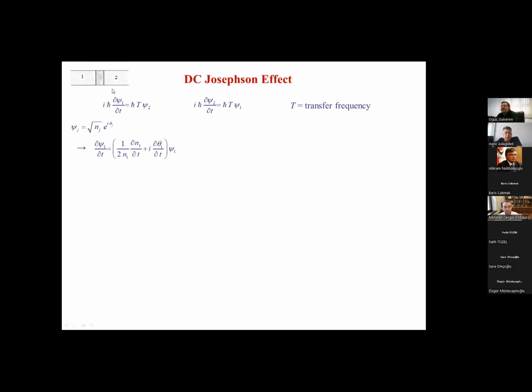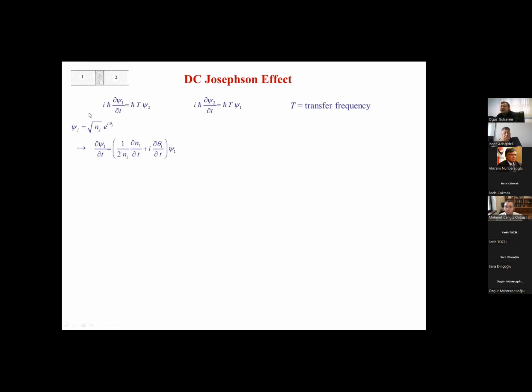So this tunneling effect is simply described by this. This is the rate of change from the first region. T is the tunneling operator, or the transfer frequency, you can say, to the second part. Then that becomes the psi2. Then we can write the symmetric one from 1 to 2 or 2 to 1, vice versa.